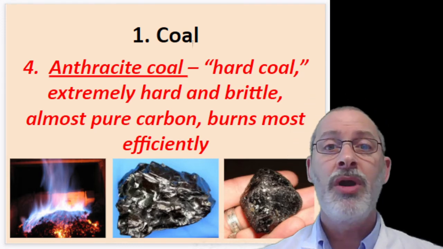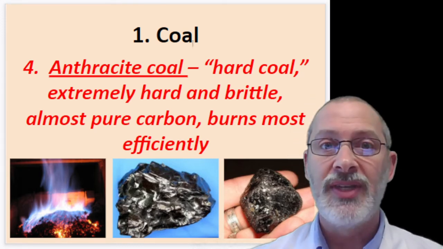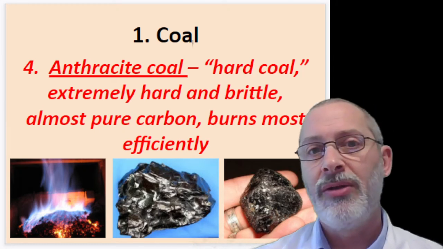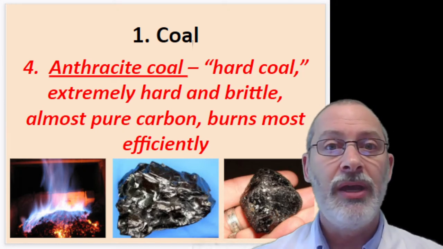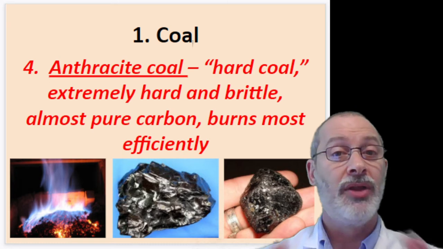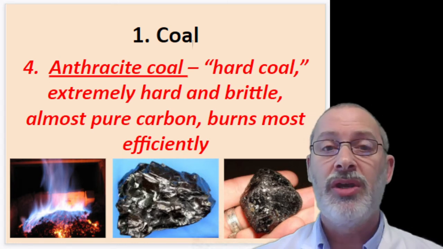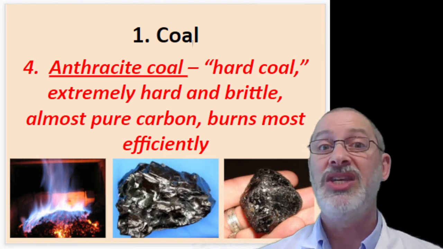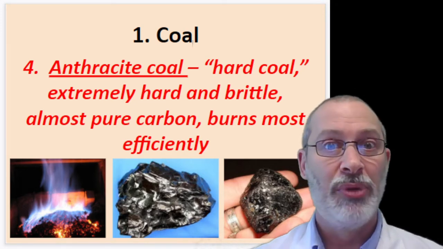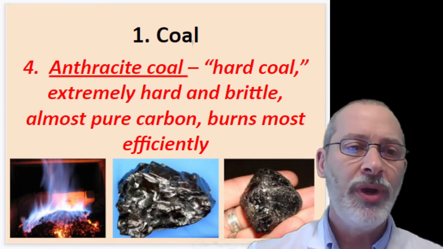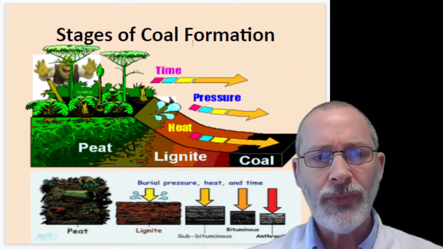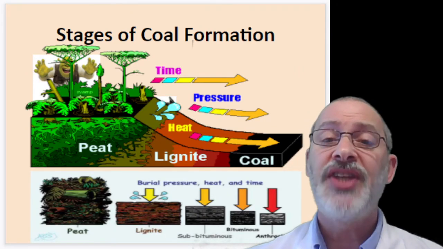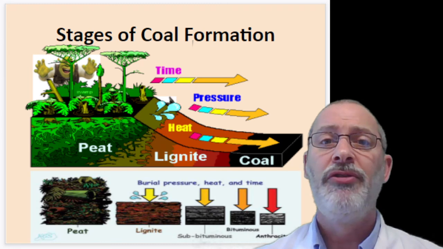So right here in Warren County, you can actually visit one of the Morris Canal parks, and on certain days of the week, you can visit Incline Plane number 9 and see some really cool stuff, believe it or not. But we're going to finish today just reviewing the stages of coal formation.